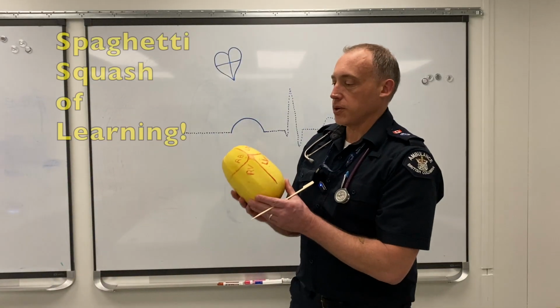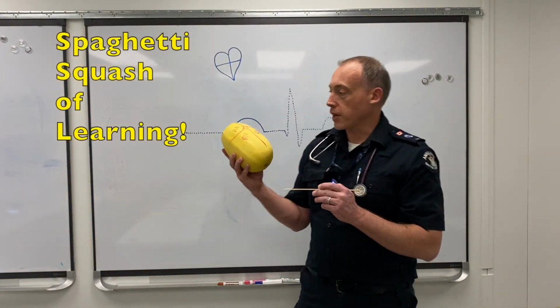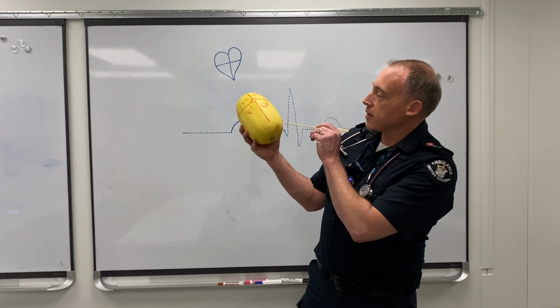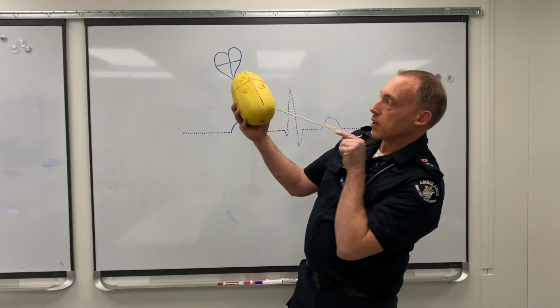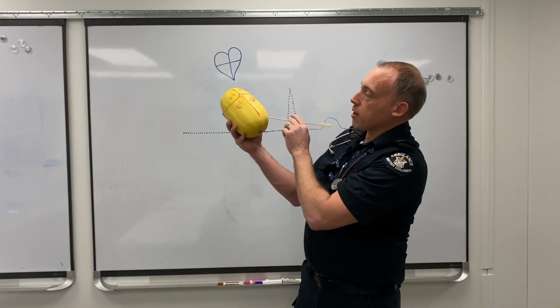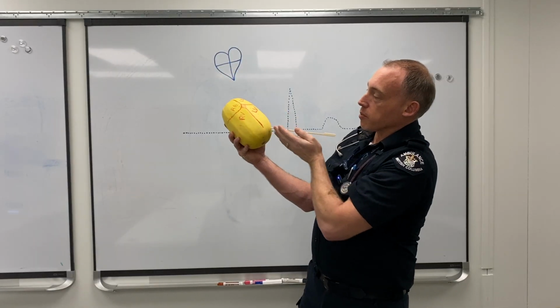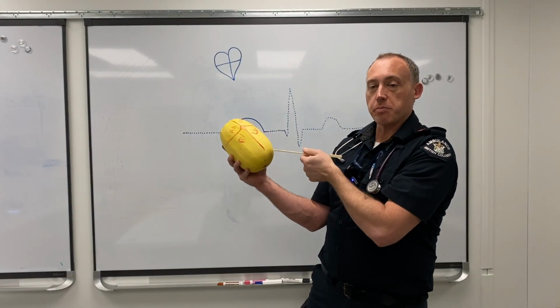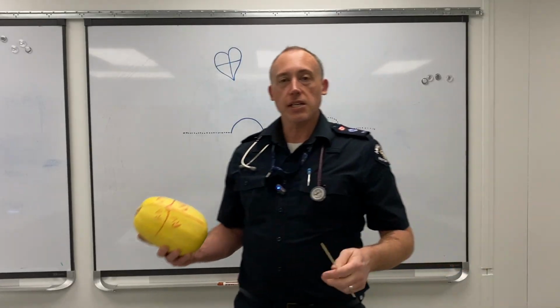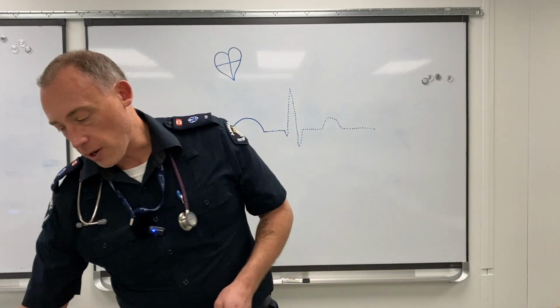Again, referring to the very fancy spaghetti squash of learning, lead 2 is going to give us this great representation looking right through most of the heart as it comes all the way down from the right atrium through the septum here. So we're going to get these nice big deflections and a good indication of the electrical activity of the heart.